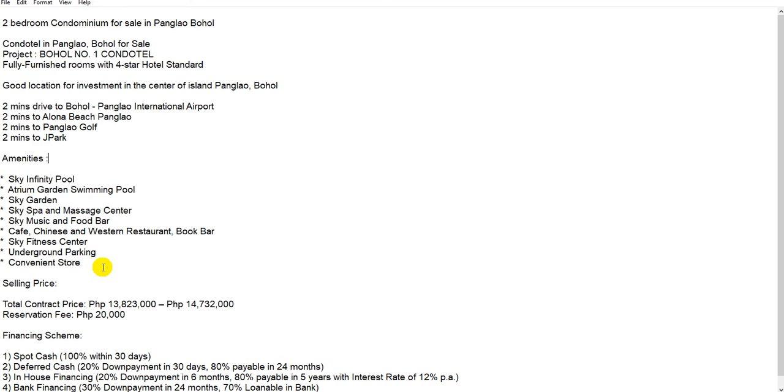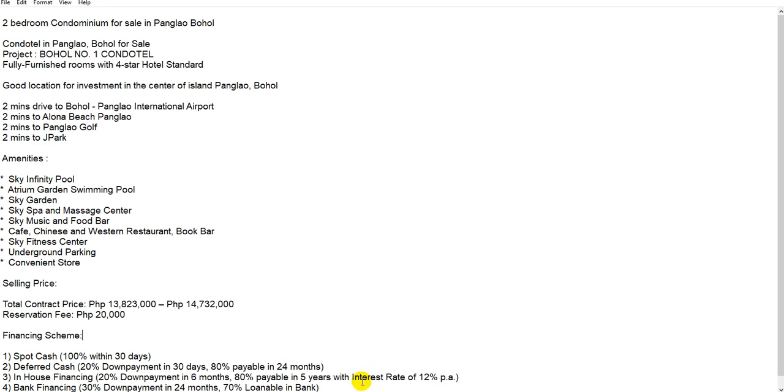Then you have information of the condo unit itself after the amenities, for example, a two-bedroom condo unit, 100 square meter, something like that. Then the selling price. Next, you have the total contract price, reservation. After that is the payment options. You have the spot cash, deferred, in-house financing, bank financing.